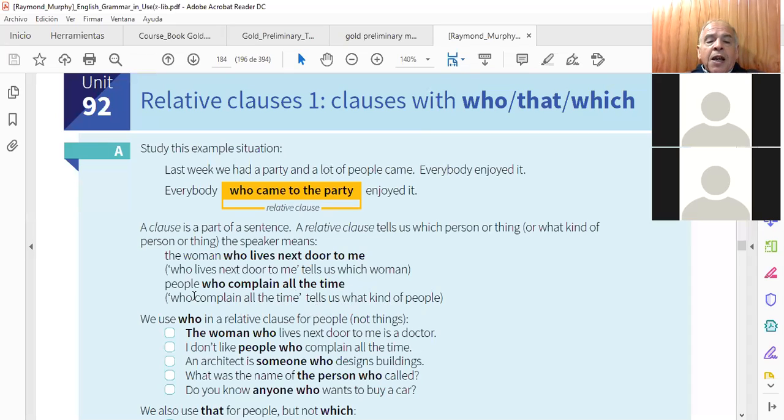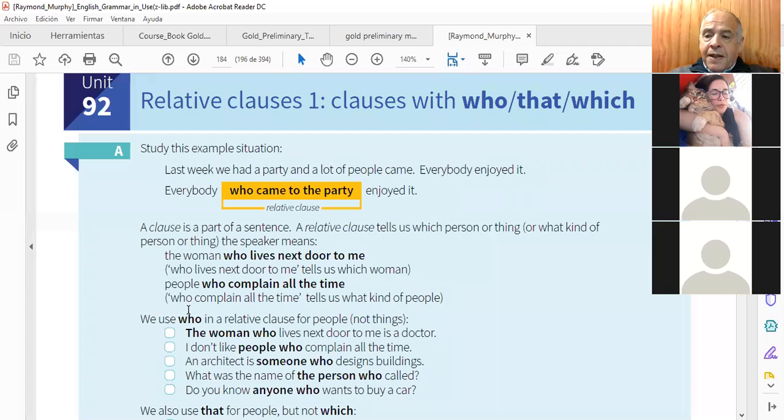But if I say people who complain all the time are shouting against the authority, you are clarifying something. Is it clear? Catalina, Gabriela, and Danae, could you understand? Yes. All right.